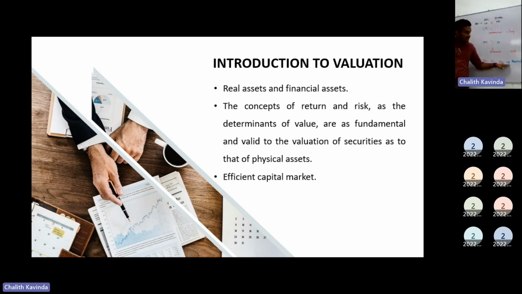We have done a lot of research on the Colombo stock market regarding its efficiency. What do you think? Okay, fine. If the situation is like this, the market is efficient, but it is very difficult to have this type of market.